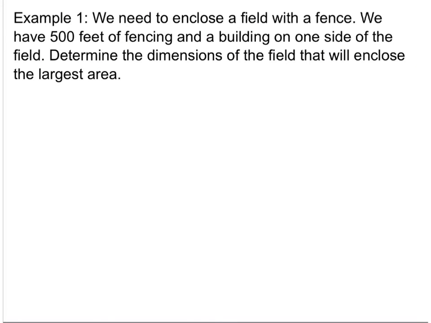Okay, so here's a different example. We want to enclose a field with a fence. We're going to assume it's a rectangular field. We have 500 feet of fencing and a building on one side of the field. So the first thing we need to do is draw a picture, right? Here's the building. And then I have a rectangular pen, right?